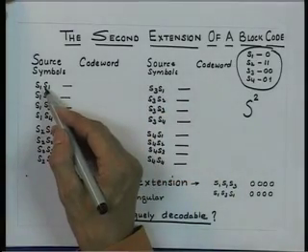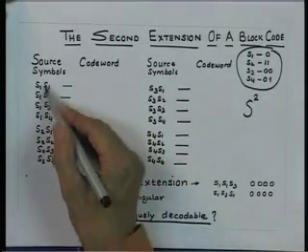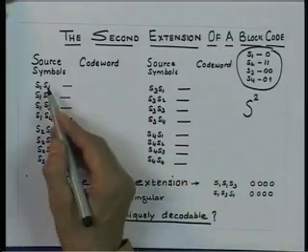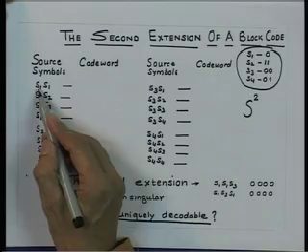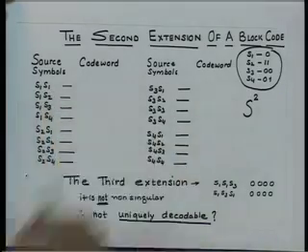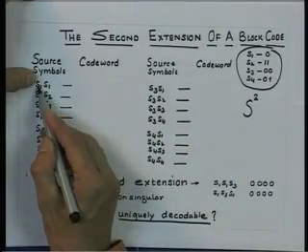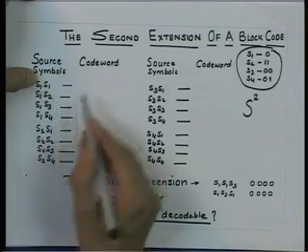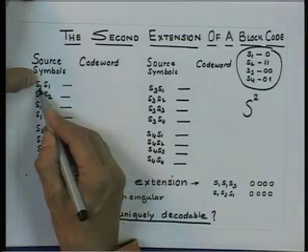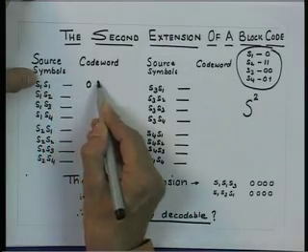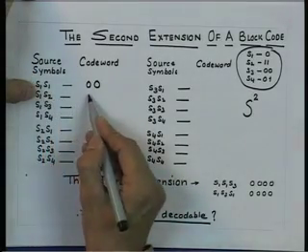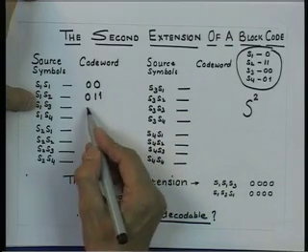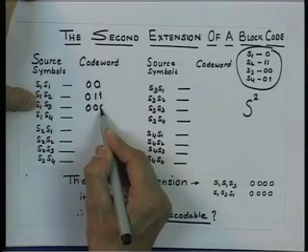Now, to form the code words corresponding to these 16 symbols is very easy. Look at the code words for each symbol and concatenate them. For example, if you take S1, S1, the code word corresponding to S1 is 0, so the code word corresponding to S1, S1 is 0, 0. Similarly, S1, S2 would be 0, 1, 1, S1, S3 would be 0, 0, 0.